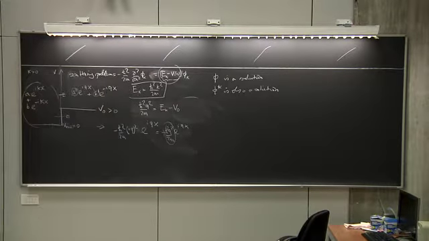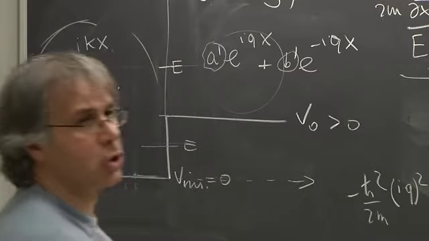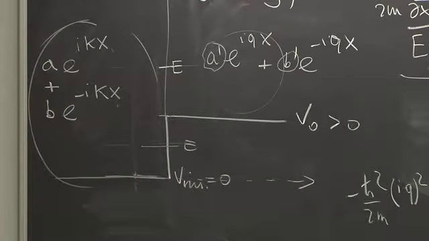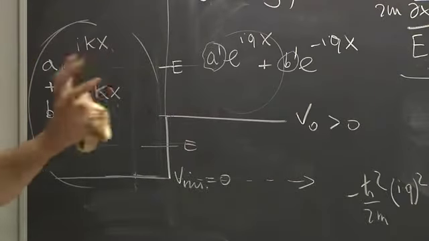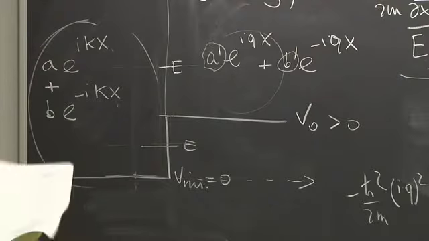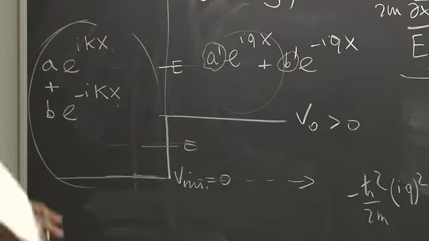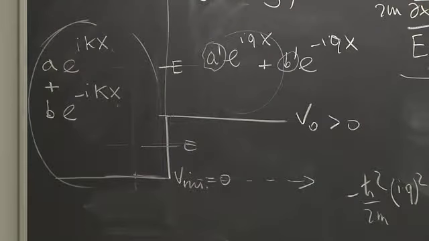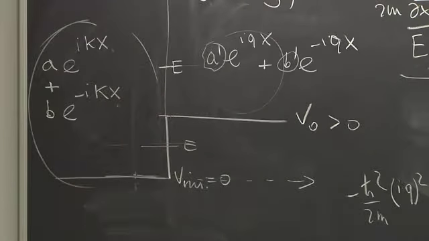So you immediately see that you have 1, 2, 3, and 4 constants to determine. An overall constant, you can rescale everything by an overall constant, because this governs the total normalization of the wave function, which is not going to be 1, and you are not going to impose it in any case. So really there are 3 genuine constants.